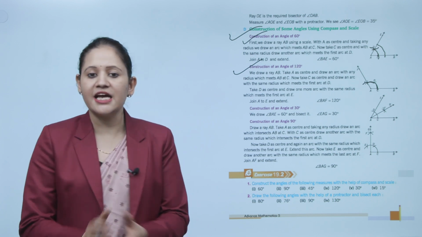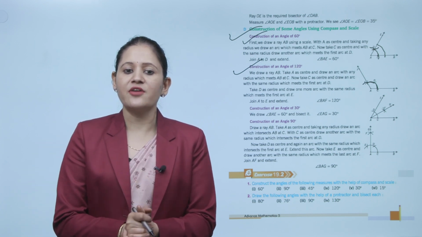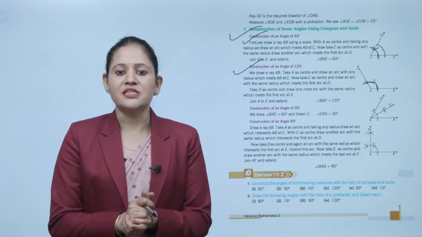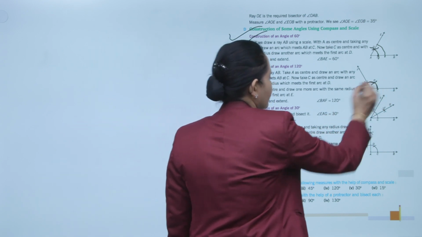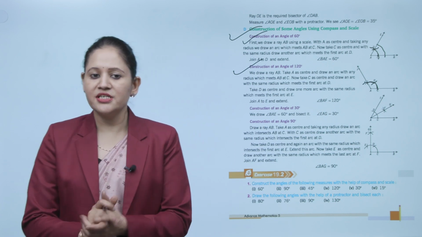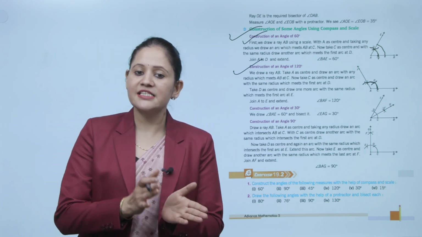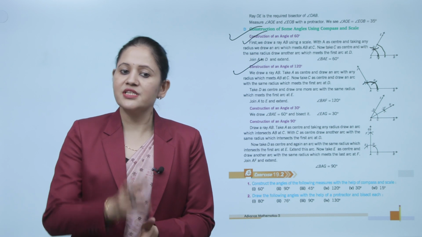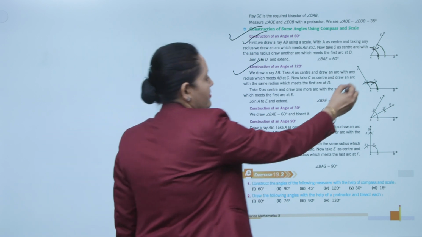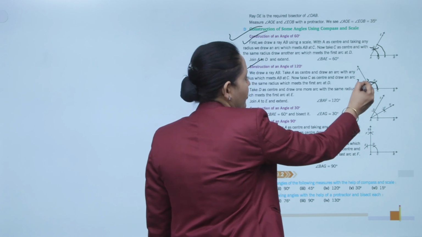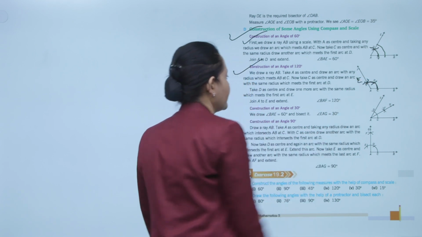Now we'll take C as a center and draw an arc with the same radius which meets the first arc at D. So C as a center, this will get point D. Now we'll take D as a center, draw one more arc with the same radius which meets the first arc at E. Here we get the point E. Clear?